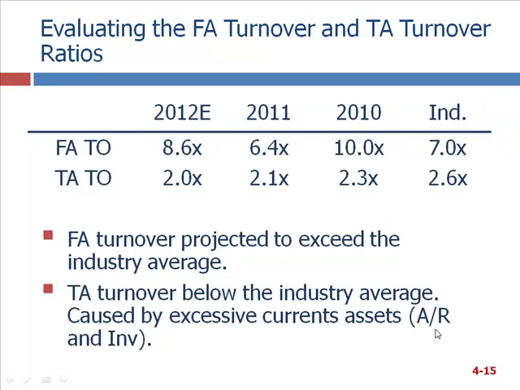So given all of those things, it's probably not all that surprising that fixed assets may look okay, but total assets doesn't necessarily look that good. So all things considered, this gives us further indication that DeLeon needs to look at its accounts receivable and inventory management, and if it did that, it could probably improve things.